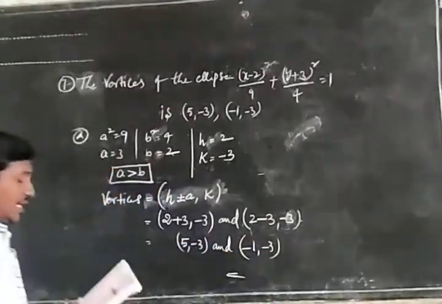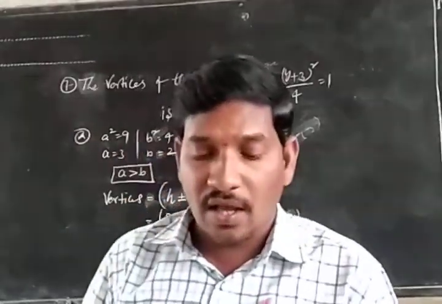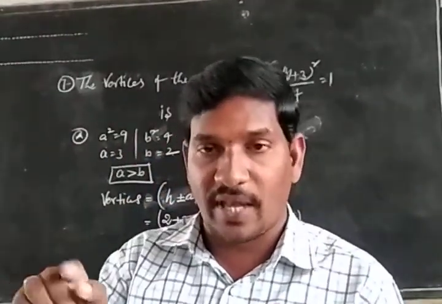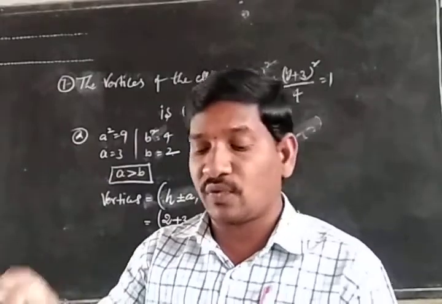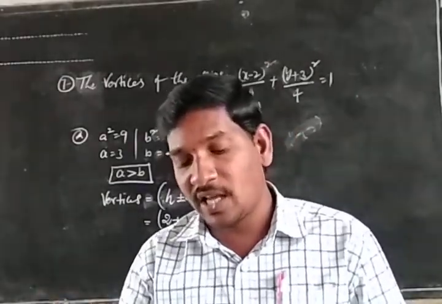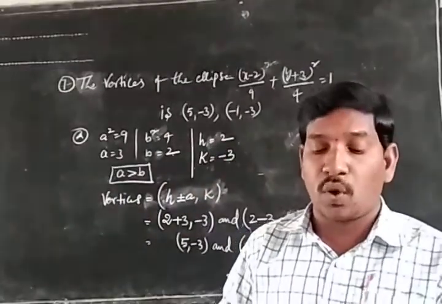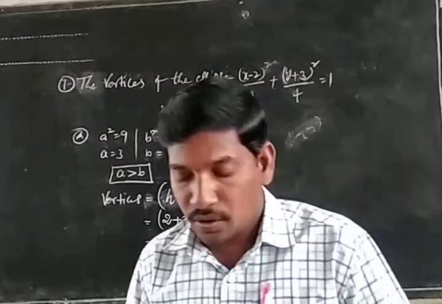So what is asked here? The vertices of the ellipse (x minus h) whole square by a square plus (y minus k) whole square by b square equal to 1, for a greater than b, are h plus or minus a comma k. Here both statement 1 and statement 2 are true.